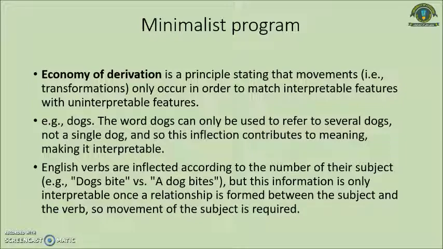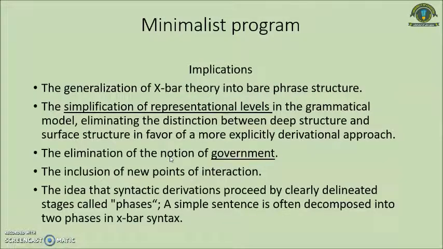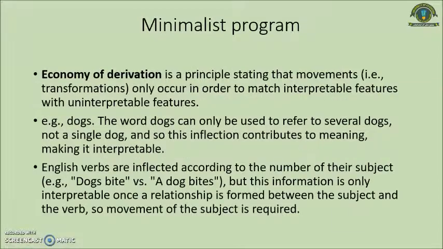For instance, here is an example. Here is the word. The plural form s has been attached with the singular form, and so it conveys the meaning of plural words.